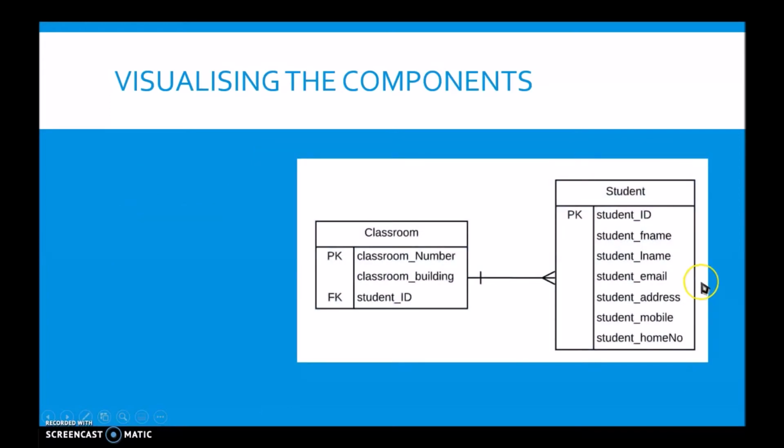Visualizing the components further, we can see that we can have a foreign key. When there's two tables, we can have a foreign key of student ID, and we can have a relationship between the tables. This means, as I've said before, one classroom can have many students.